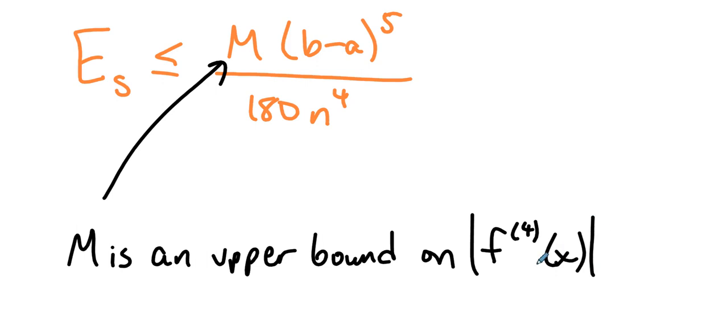So you graph the 4th derivative, you find the highest high or the lowest low, whichever is further away from the axis. This number gets really, really big really, really fast. So Simpson's Rule is a much better approximation than the trapezoidal rule.